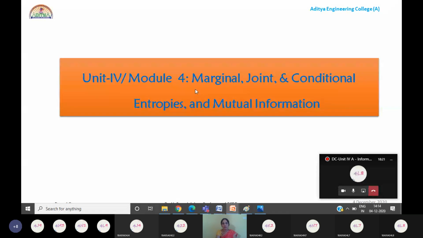Coming to the fourth module, in the last class we started the introduction to marginal, joint and conditional entropies. We went through the basic derivations for expressing the marginal entropy, joint entropy and conditional entropy. In today's class, we can interrelate all these entropies. These relations are very important.